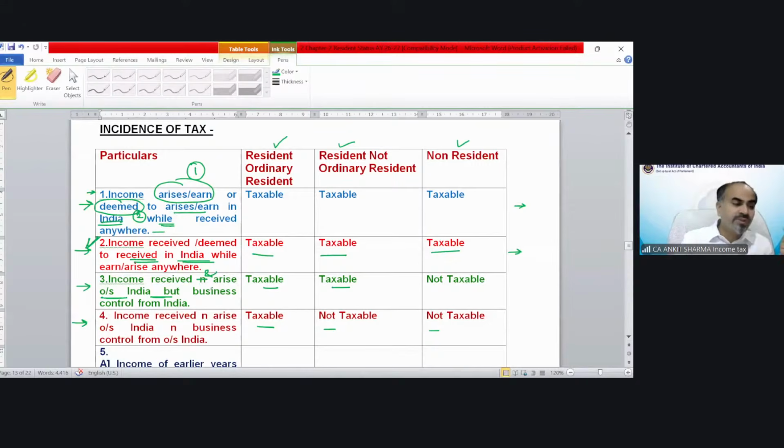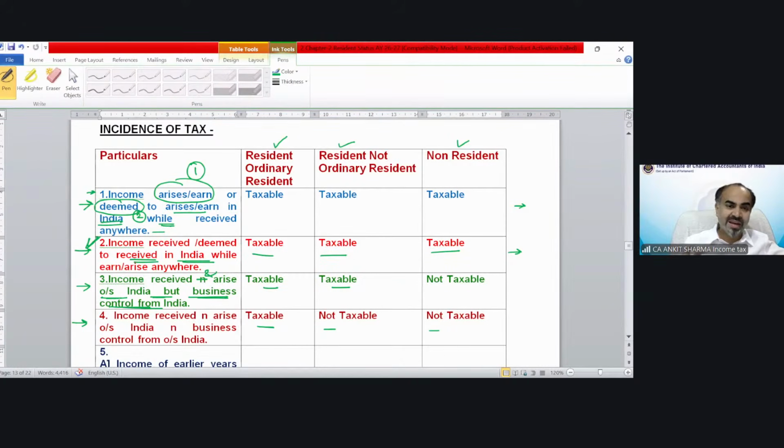Even if you are earning outside India and you are also receiving that income outside India, but the business is controlled from India, in that situation, that is going to be taxed in case of resident and ordinary resident, and resident and not ordinary resident. That is not going to be taxed in case of non-resident.